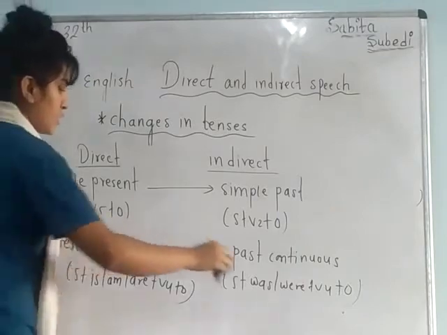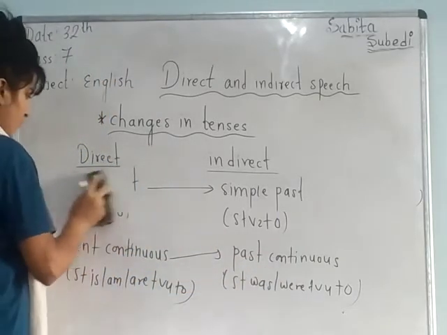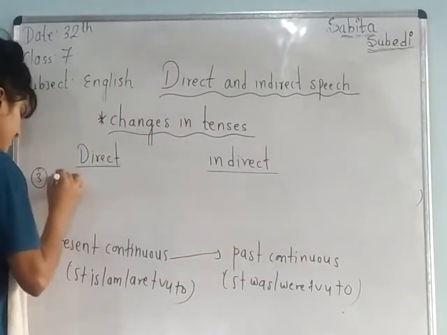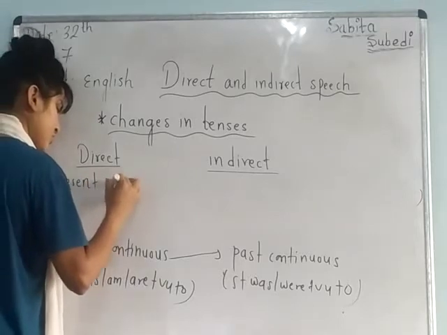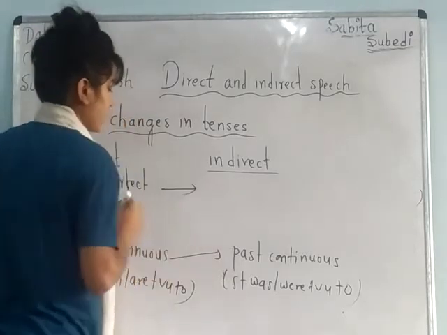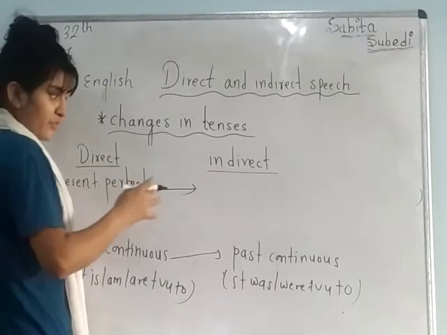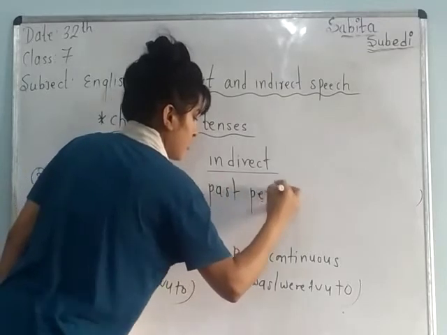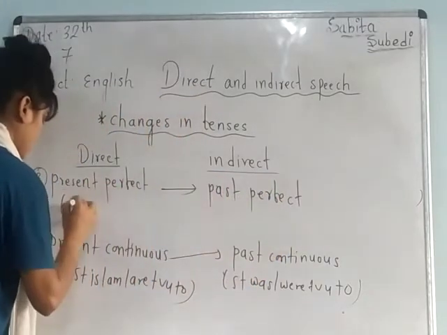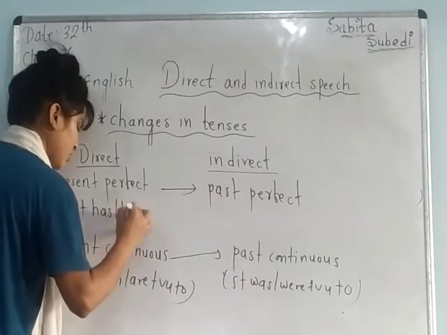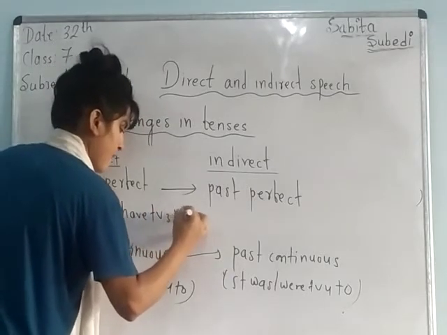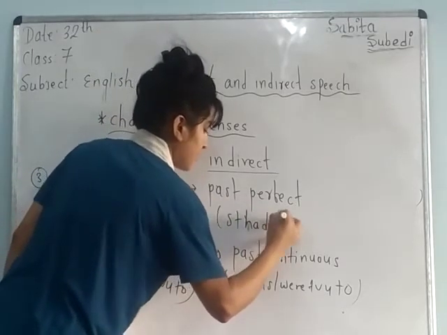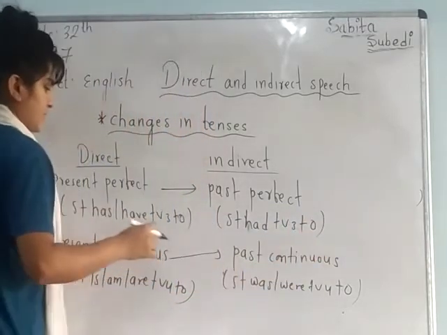Then number three, present perfect. The direct speech in present perfect changes into past perfect: subject plus has, have plus verb 3 becomes subject plus had plus verb 3 plus object.